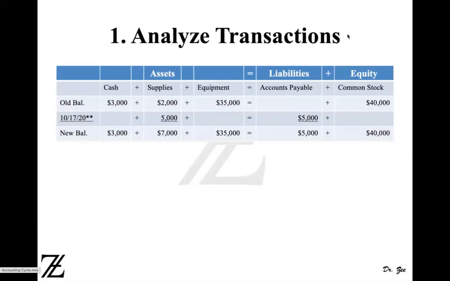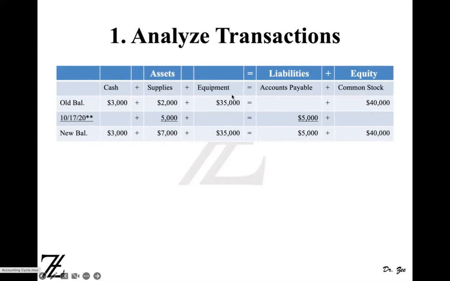If you have bought equipment, then you're going to add equipment to the business. If you have paid any liabilities, if you had any payables, then you're going to pay off those liabilities. If liabilities are increasing, you have bought supplies or equipment or any items on credit, then your accounts payable balance will go up. If you have issued any stock, then your stock is going to go up.